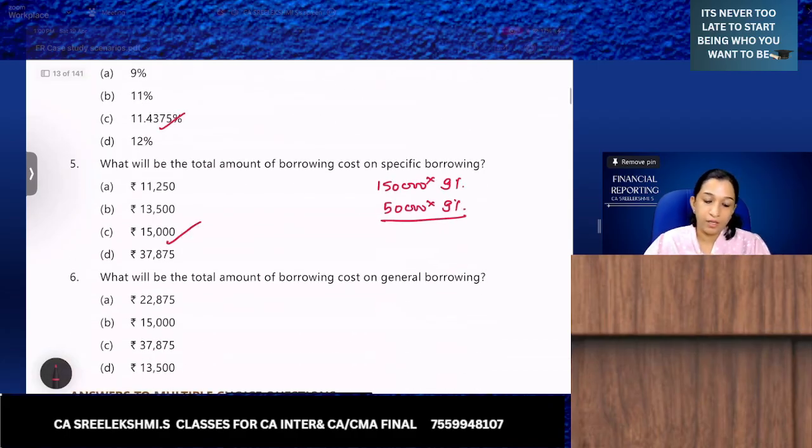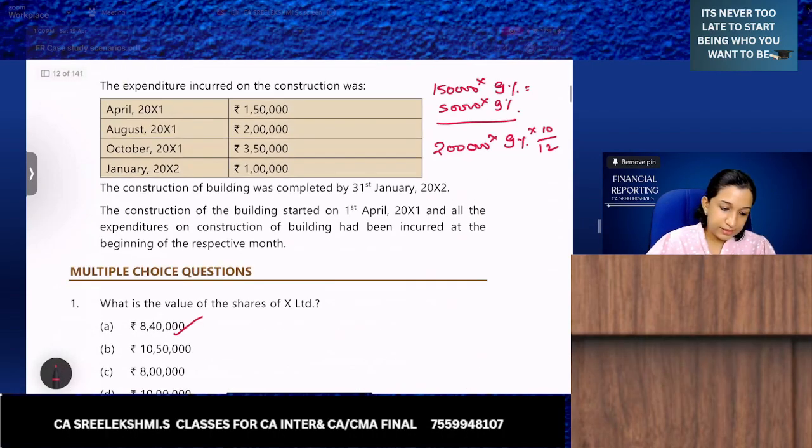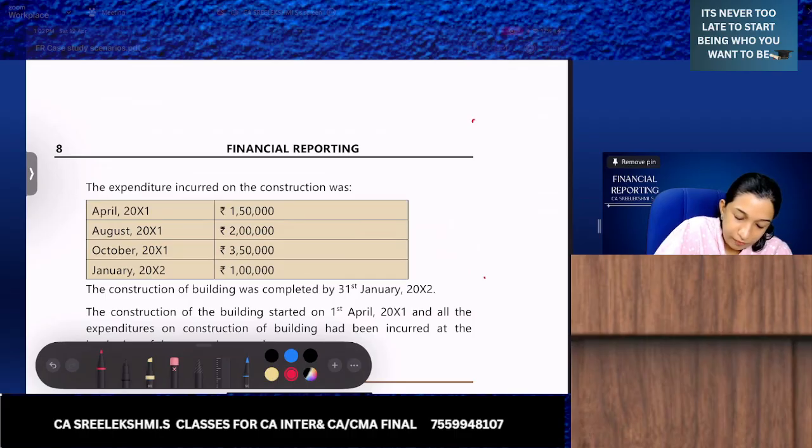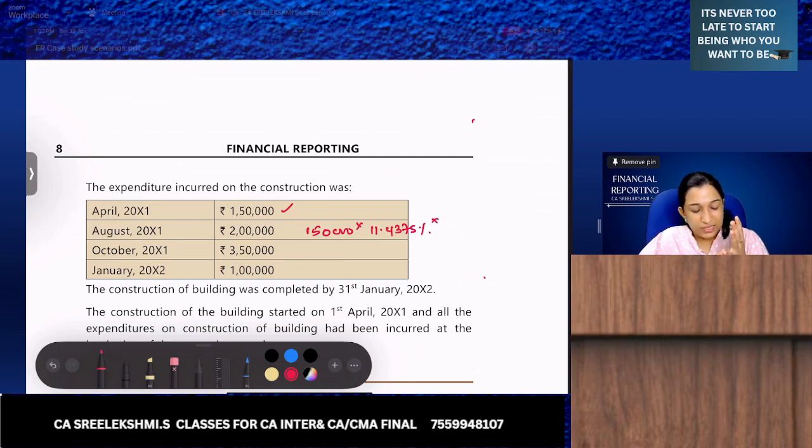What will be the total amount of borrowing cost on general borrowings? On general borrowings, so here 1 lakh 50 specific out of 2 lakhs, also 50,000 specific. So balance 1 lakh 50,000 into 11.4375 percentage into August, September, October, November, December, January, 6 by 12. Because we can capitalize borrowing cost only during the construction period.